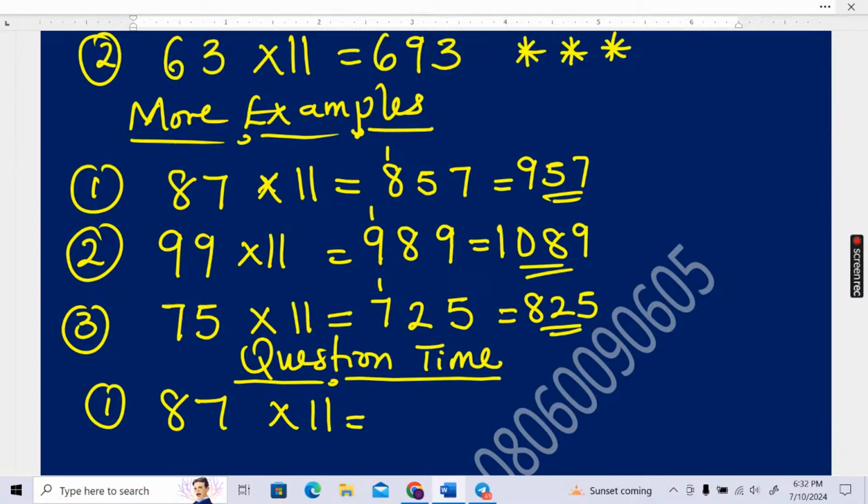Let me see the students with the fastest fingers. What is 87 times 11?